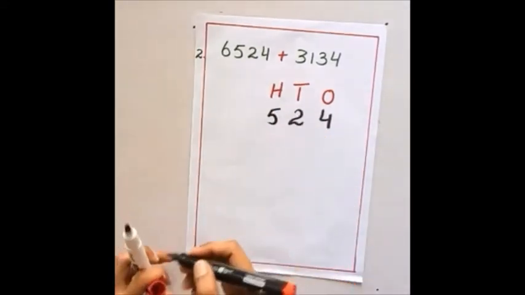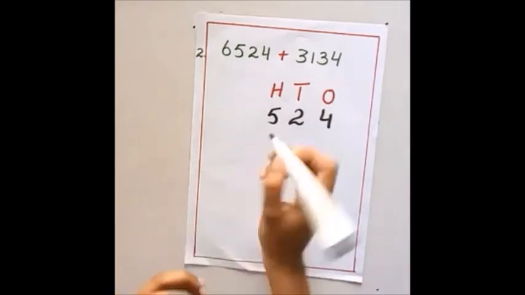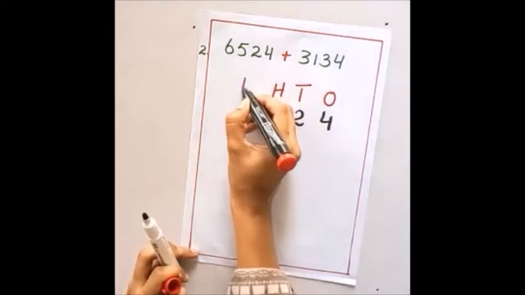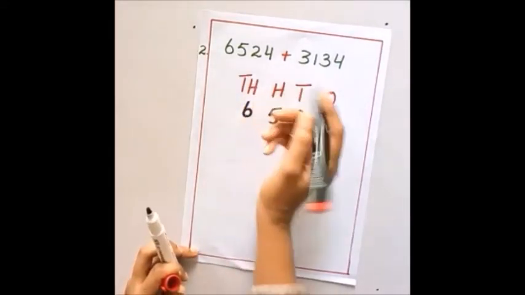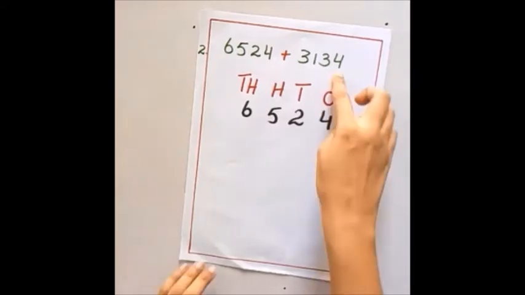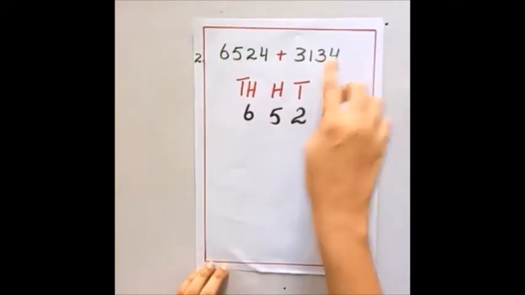Then I have 6 in the thousand place, so I will write 6 under the 1000 place. Then I have to write this number just below this number.